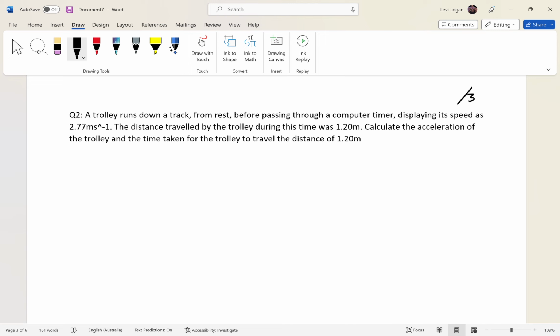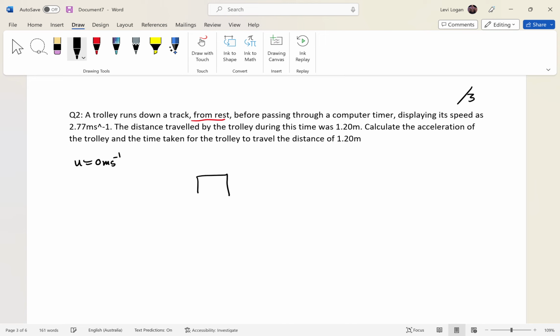Right, so straight off the bat, let's start looking at what we have. A trolley runs down a track from rest. Straight up, we know that its initial velocity is 0 meters per second because it's at rest.